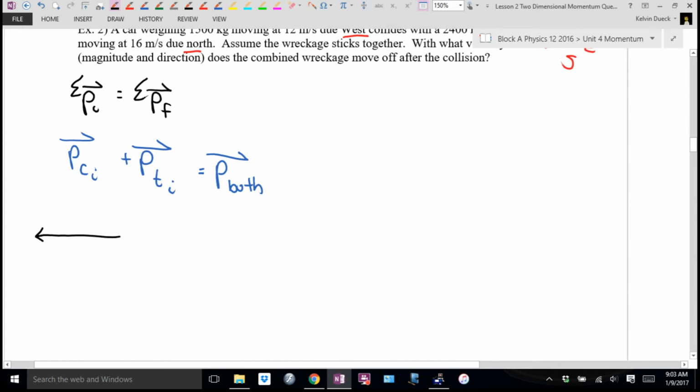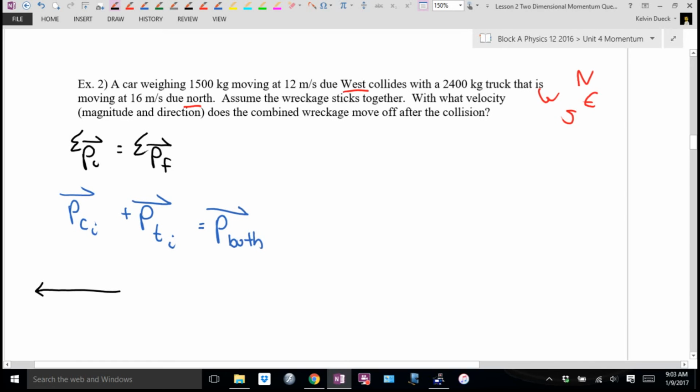And its momentum was, how do I calculate momentum? Mass times velocity. You can, if you want to, write the 1,500 times 12 on there. Some people like doing that. If you want to, you can just go 1,500 times 12, which gives you 18,000.